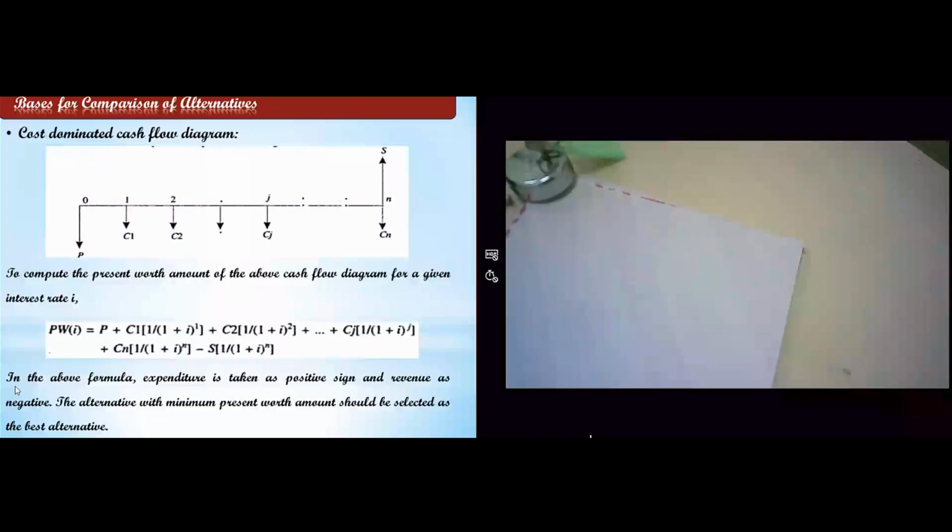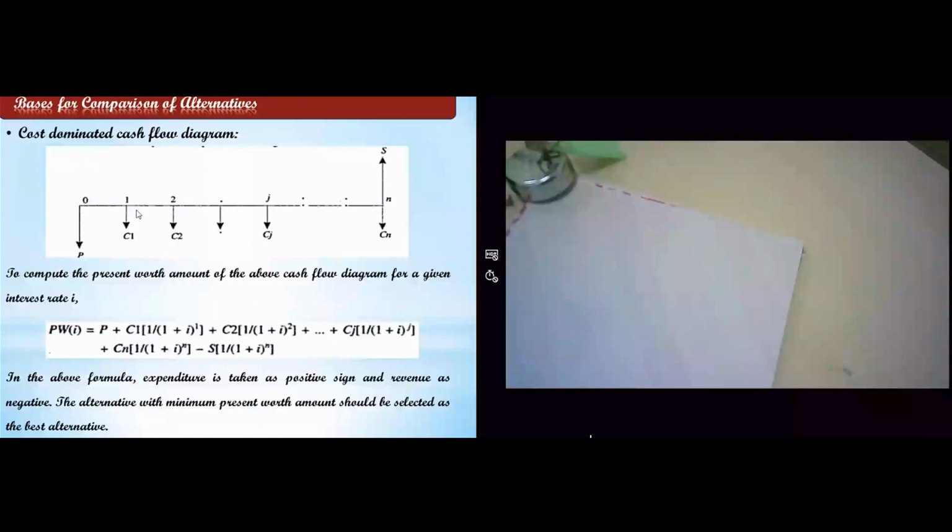since we are going to compare the alternatives on the basis of present worth, at time 0 we will be calculating. Since P is already in the 0th year, no interest will be added to it. So the value of P at 0th year will be P itself, no interest factor.